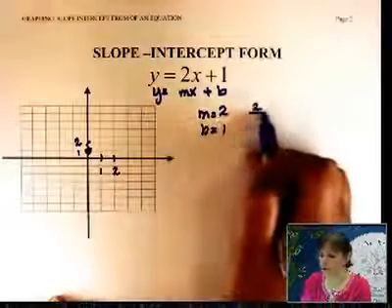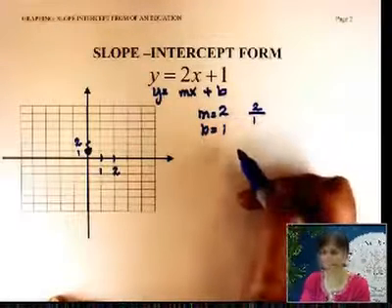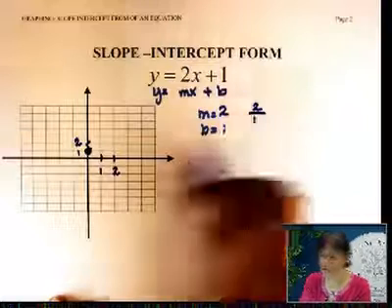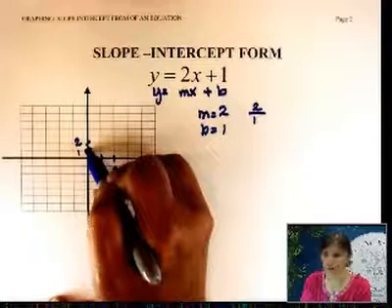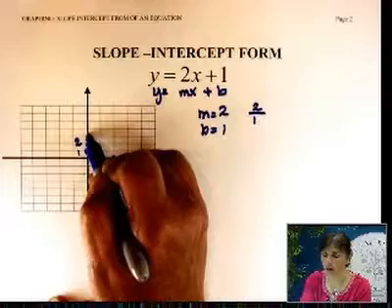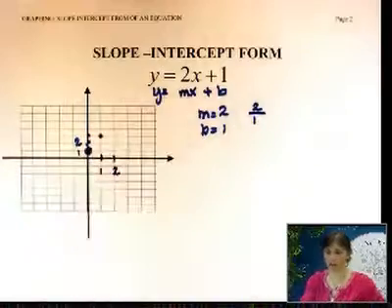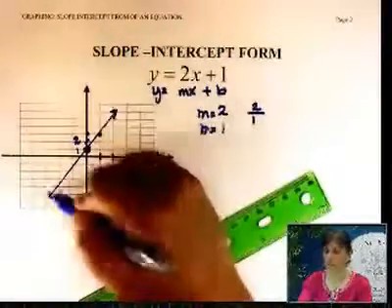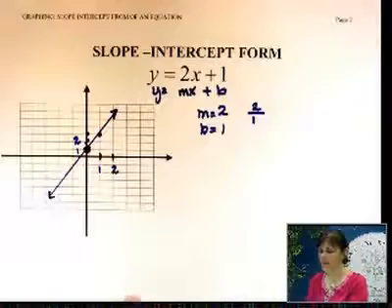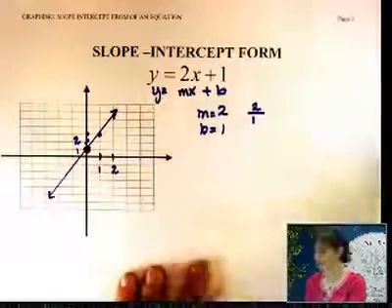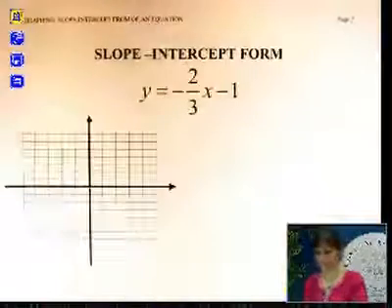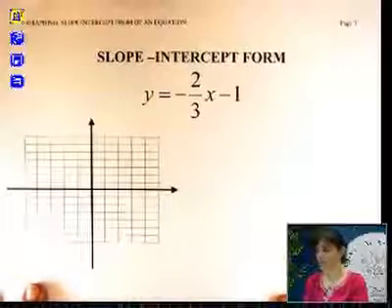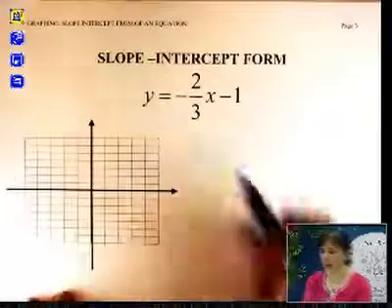Put the 1 under the slope if you don't have anything underneath. 2 to 1. You start with the y-intercept, go up 1, 2, right 1. Put an imaginary point, and draw. So positive y-intercept, positive slope. Negative y-intercept, negative slope. Okay?